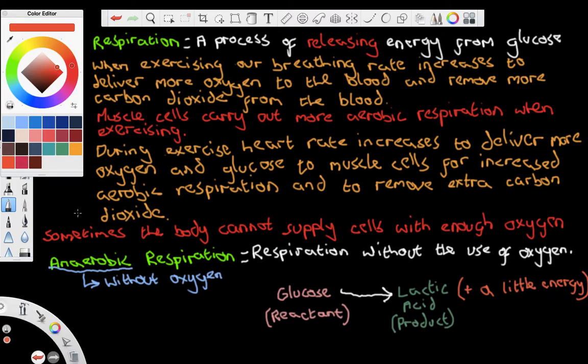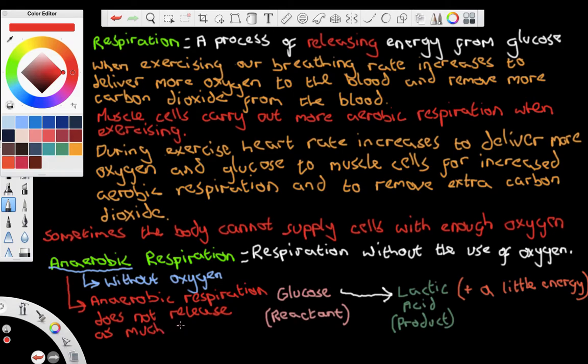So we can add underneath here, and I'll put it in red, anaerobic respiration does not release as much energy as aerobic respiration.